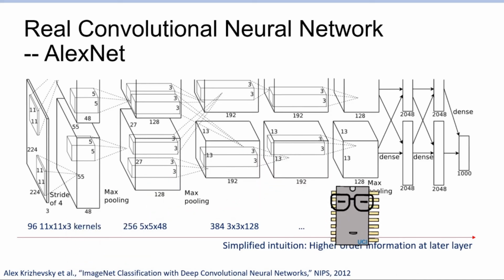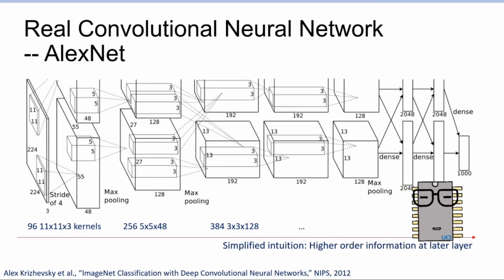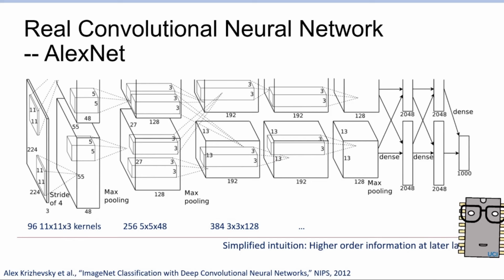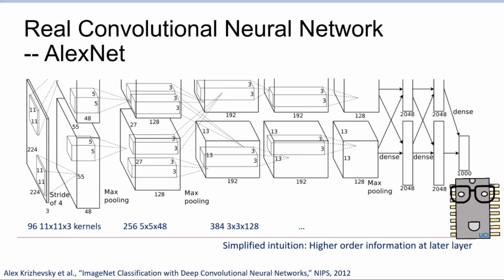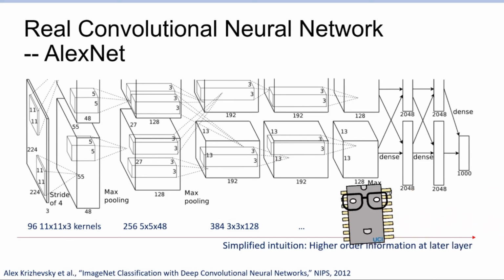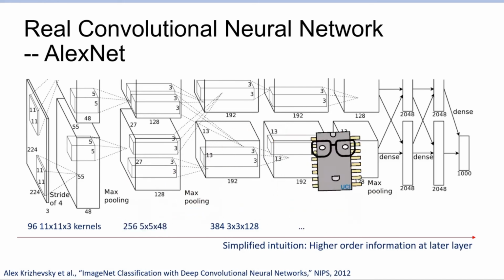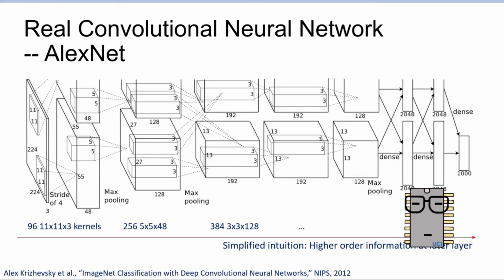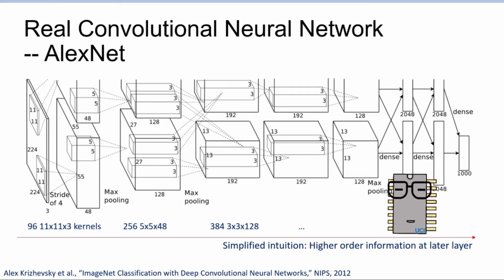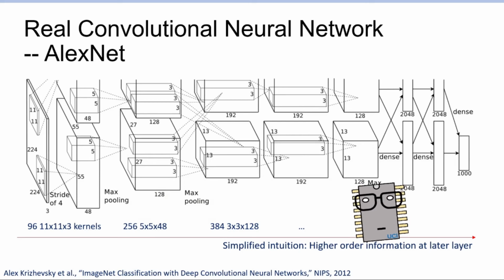In the later layers, it detects faces and arms and ears and drawers and wheels and things like that. And at the dense layers, all of that information is stitched together to determine what exactly this object is. There are papers that argue that this is not necessarily what's happening. Even higher level information hints still exist at the lower layers, and lower level information is still being determined at the higher layers. So it's not a clear-cut distinction, but it's a simplified intuition to have.